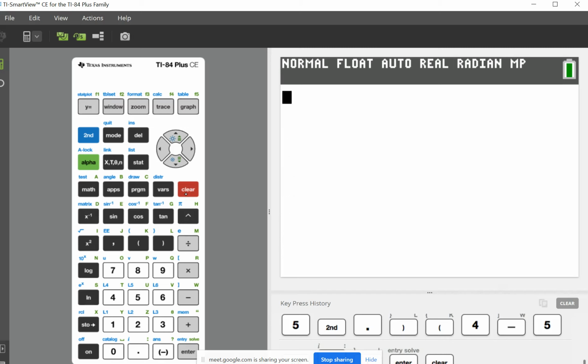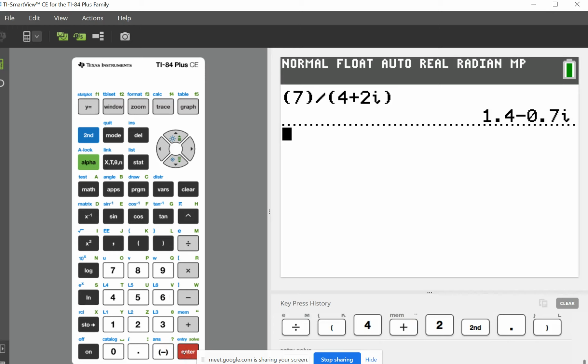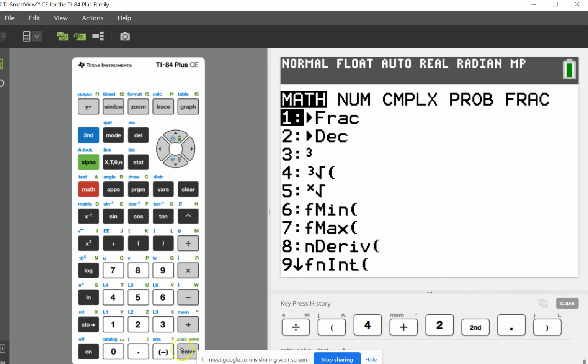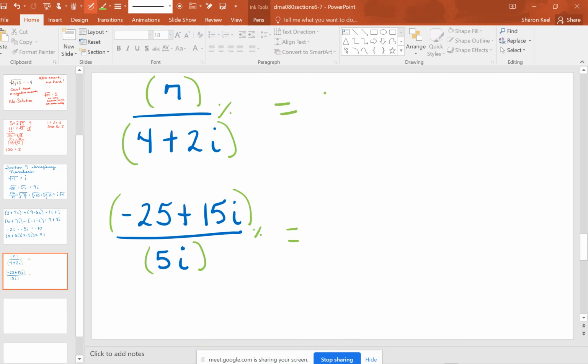Okay, so here we're starting with 7 divided by 4 plus 2i. That's our first one. Oh, now this looks peculiar. And they're going to tell you that they want the answer in the form of a fraction. So all we have to do, just like we learned in DMA20, to change a decimal to a fraction, press math and enter 2 times, and then you're going to get 7/10 minus 7/5 i.